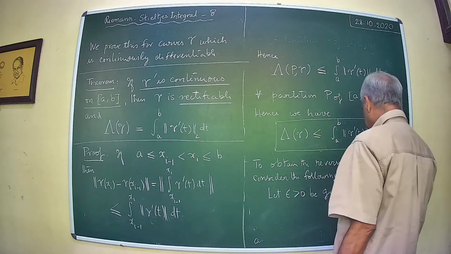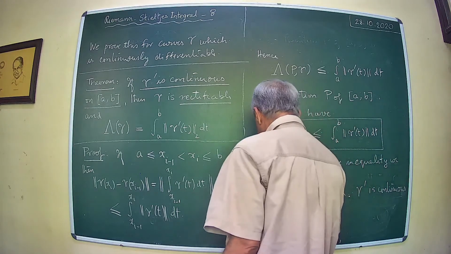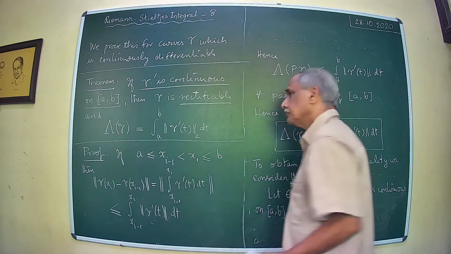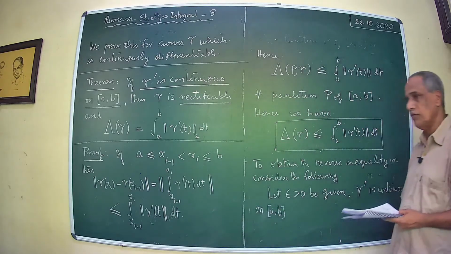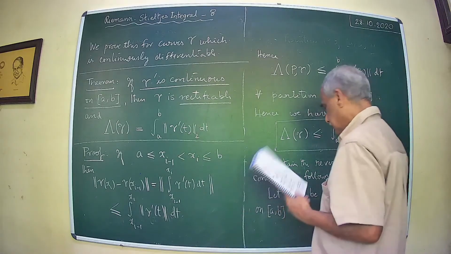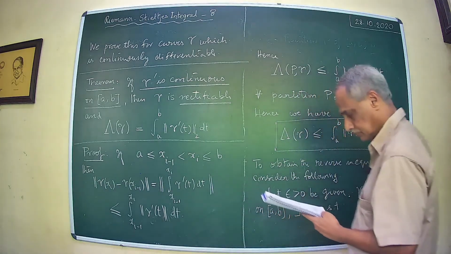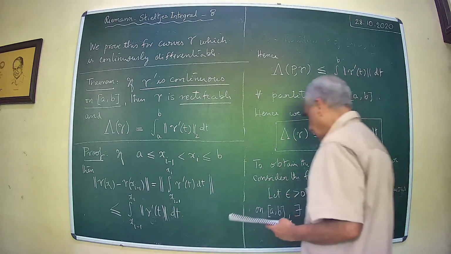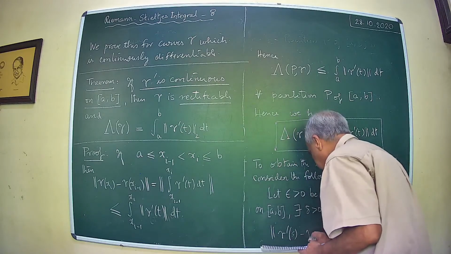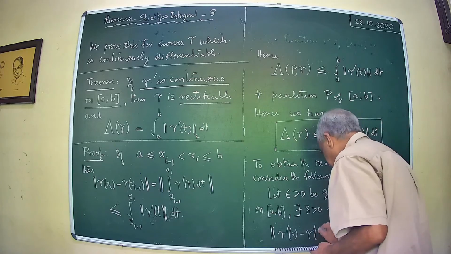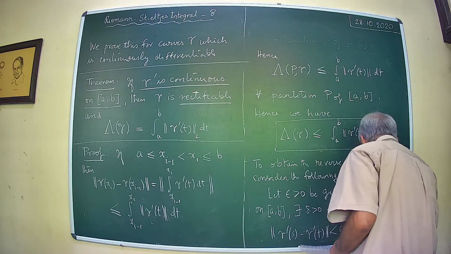Now gamma prime is continuous on the closed interval, and therefore uniformly continuous, and therefore there exists a delta positive such that the norm of gamma prime S minus gamma prime T is less than epsilon whenever mod S minus T is less than delta.